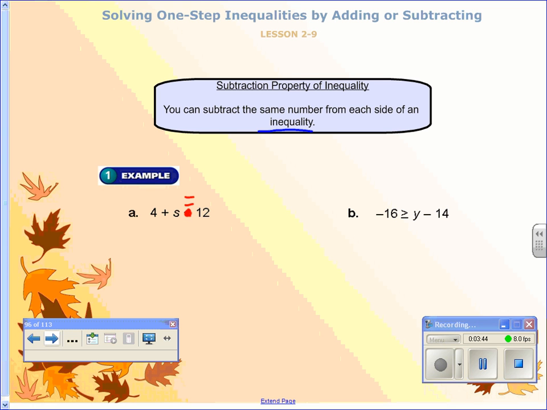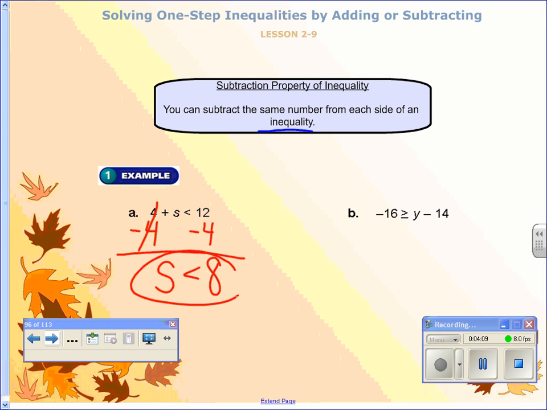So here I have the variable s, and on the same side is the number 4. I need to get rid of that 4, so it's just s is equal to. In order to get rid of a positive 4, I subtract it. And again, if you do it to one side, you do it to both. And I'm left with s, and 12 minus 4 is 8. Now go back to the original, and oh, s is less than.